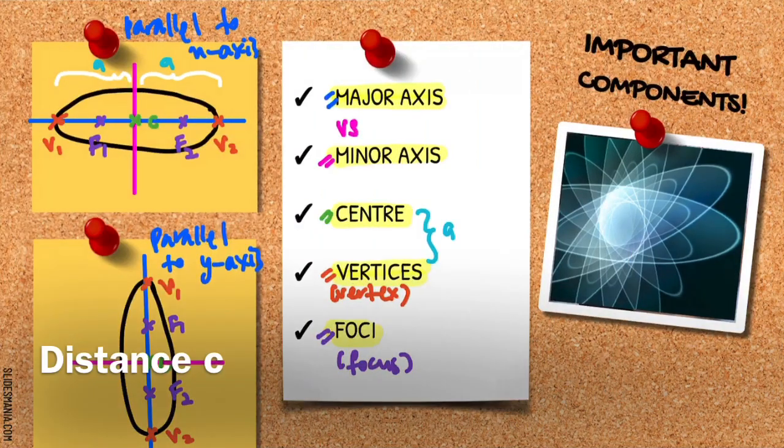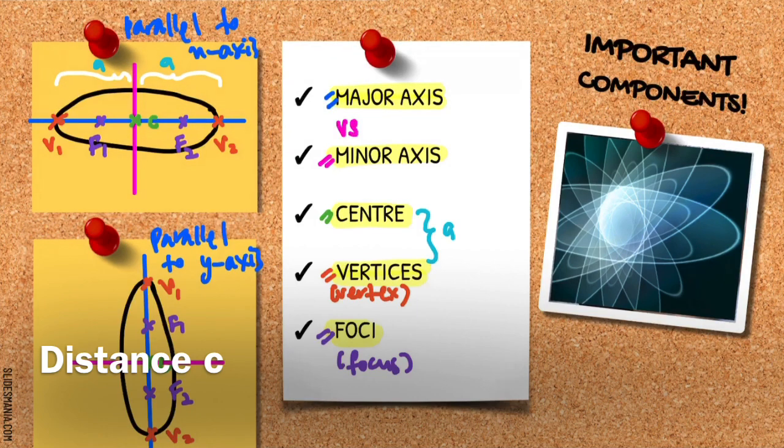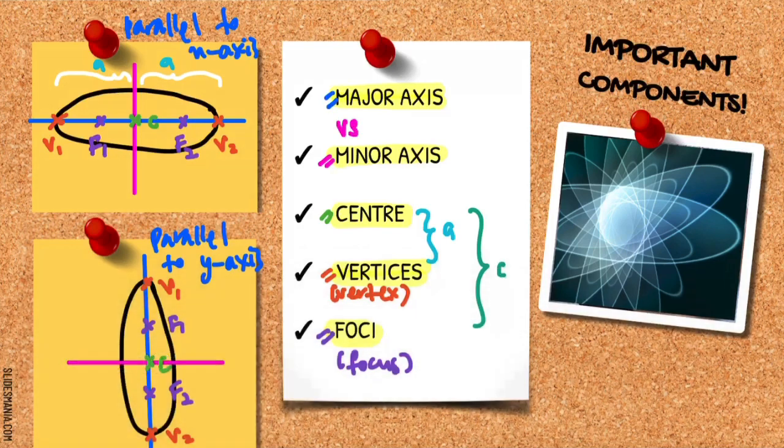Let's see the distance between center and foci. The distance between center and foci is C. How can you remember this? The letter C is taken from the word foci. Where is your focus? Let me show you here.